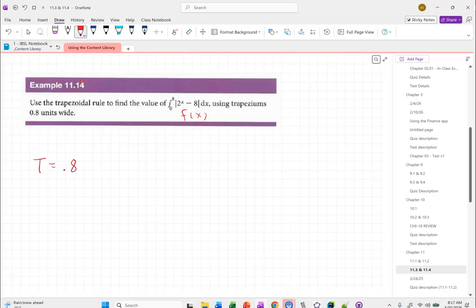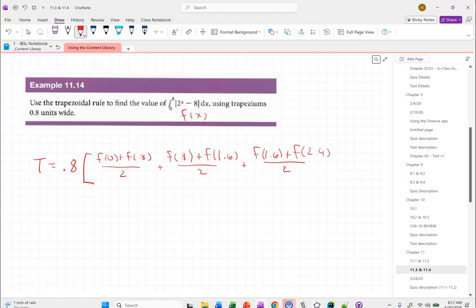Since they're all 0.8 units wide, I can factor out that height and just apply it to everything to make the computation a little less cumbersome to write down. So I'm going to have f of 0 plus f of 0.8 over 2, plus f of 0.8 plus f of 1.6 all over 2, plus f of 1.6 plus f of 2.4 all over 2.